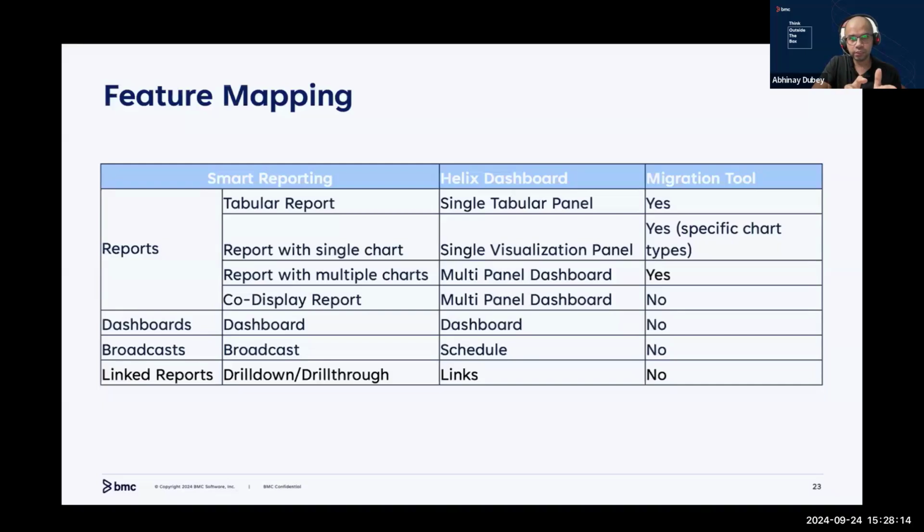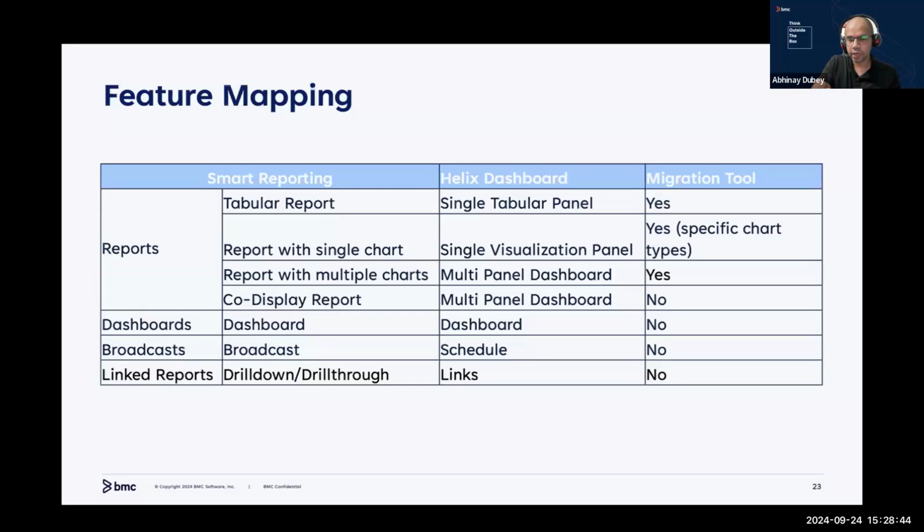The first thing that you would notice is the difference in the vocabulary of the two tools. In the Smart Reporting world, you had all different types of objects. You had different report types: co-display reports with embedded child reports, and standalone reports, which could have one or more visualizations. And then you had dashboards.